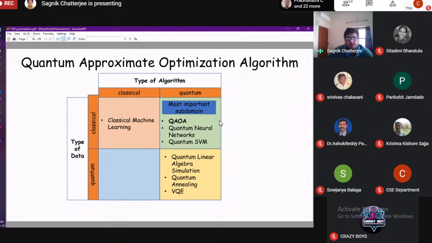Now we come to the quantum approximate optimization algorithm. The QAOA algorithm was given as recently as 2014 by three researchers at MIT: Edward Farhi, Jeffrey Goldstone, and Sam Gutmann. QAOA is also a hybrid algorithm, and there is a little mistake in the slide, or rather not a mistake, a caveat.